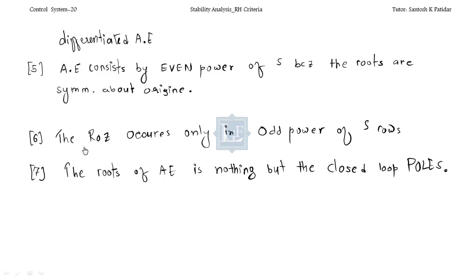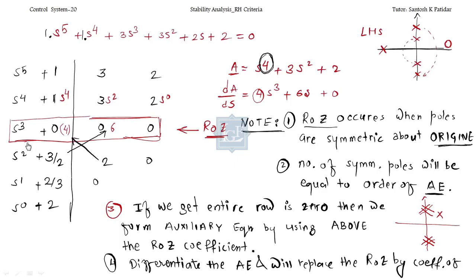Now the row of 0 occurs only in odd power of S rows. Definitely your row of 0 will always occur in the odd power of S rows. Why? Because just above you will get the even power of S. So if the power is even, you will get the symmetric poles.